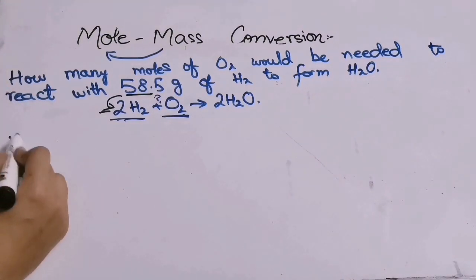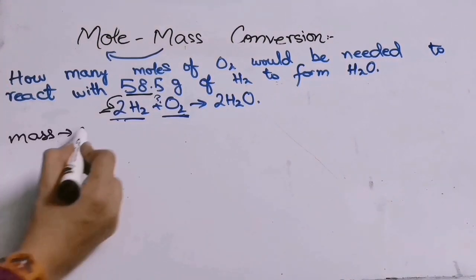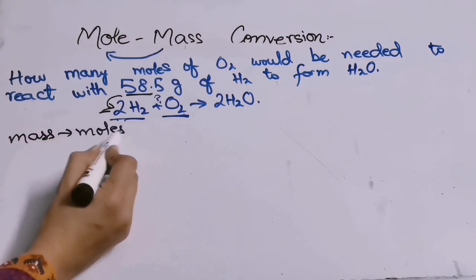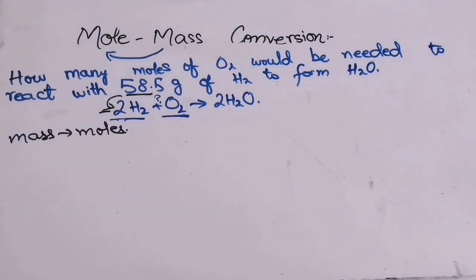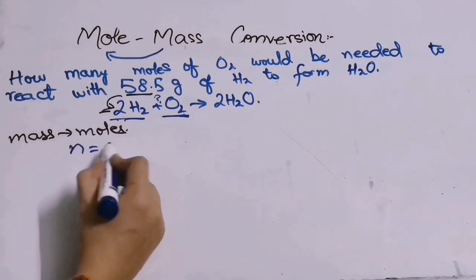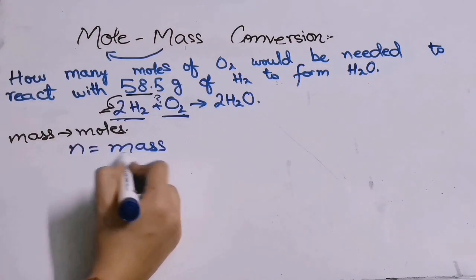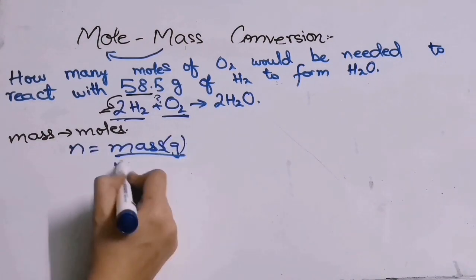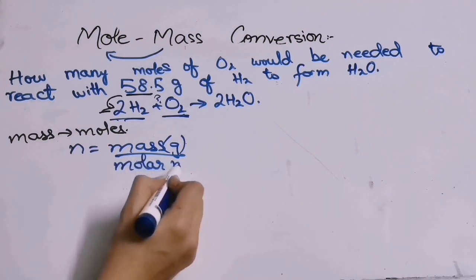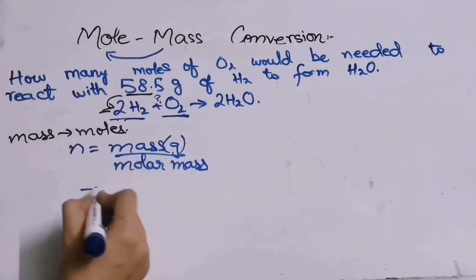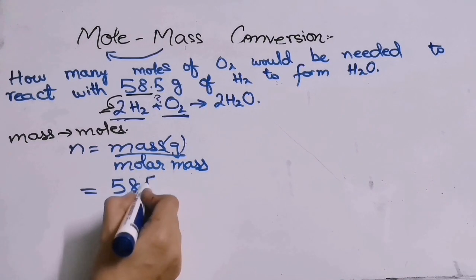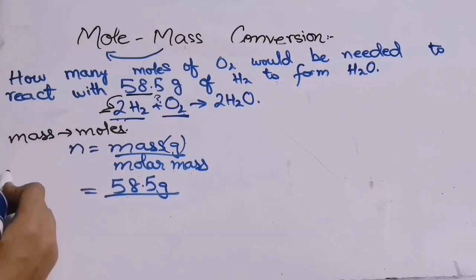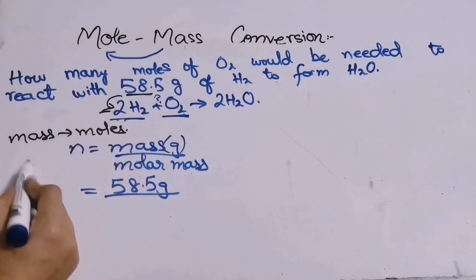First, we will convert this mass into moles. So what is the formula? The formula is number of mole is equal to mass in gram divided by molar mass. Mass is equal to 58.5 gram divided by the molar mass of H2.